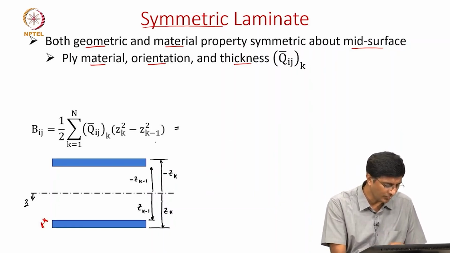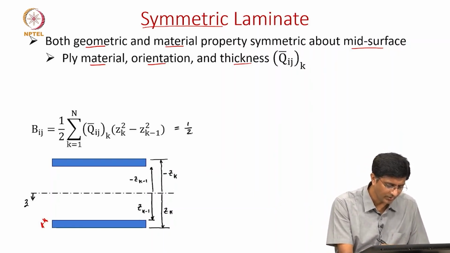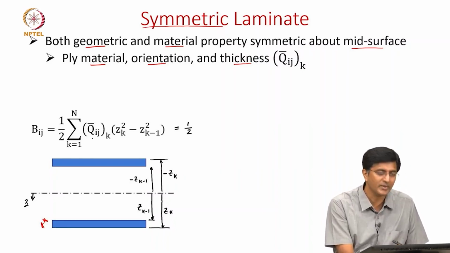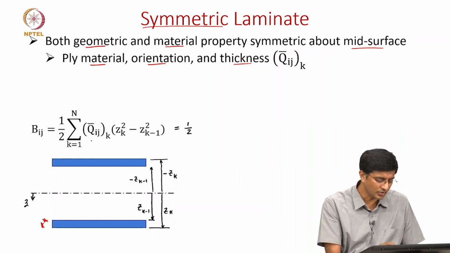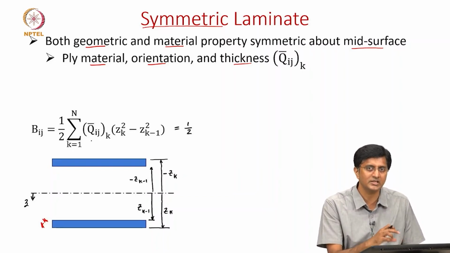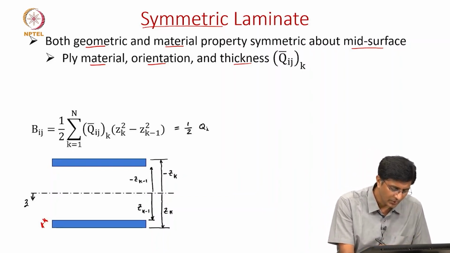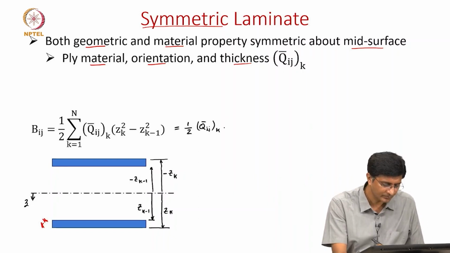So let's say we are only focusing on these two layers. So it will be 1 by half, and this transform stiffness matrix will be the same because of the symmetry. We said both are the same material, same thickness, same orientation. So this Qij or the transform stiffness matrix will remain the same for both layers.